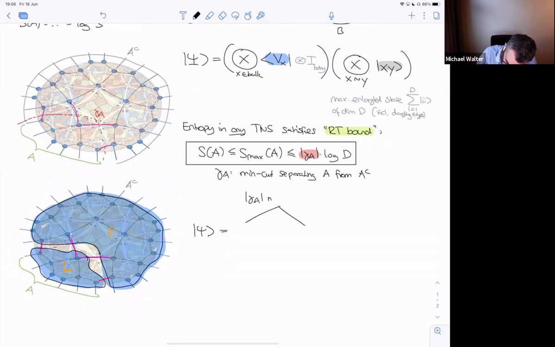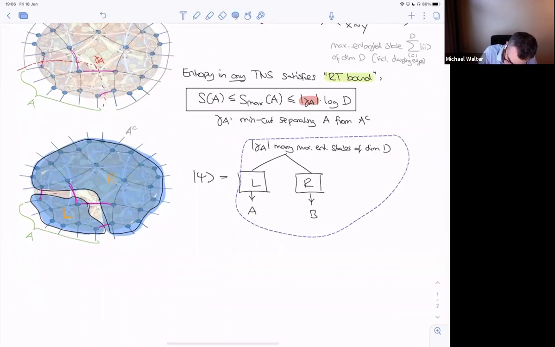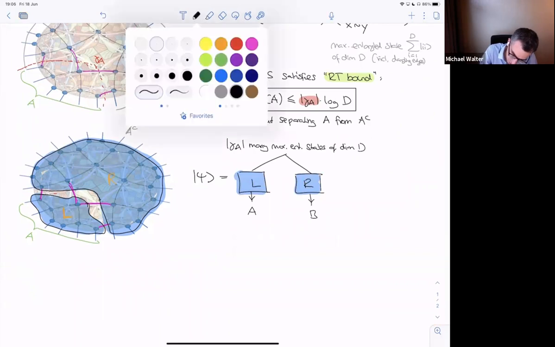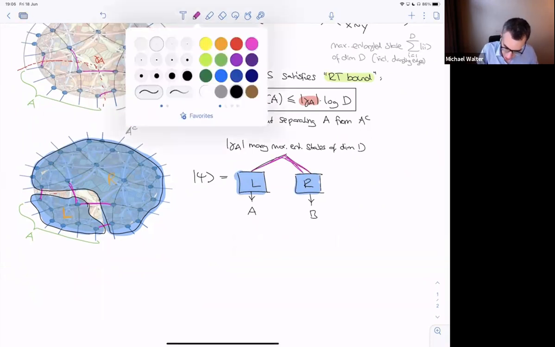Well, size of this minimal cut many maximally entangled states of dimension D. And then we apply a map L and another map R. And then out comes system A, out comes system B. That's a coarse-grained, blocked-together cartoon picture of a way of producing the state. So these are these two blobs, and that's the maximum entanglement tiers. And that was basically the idea.